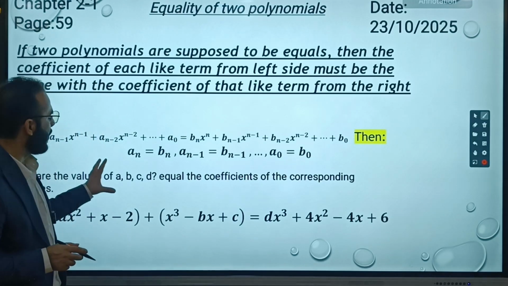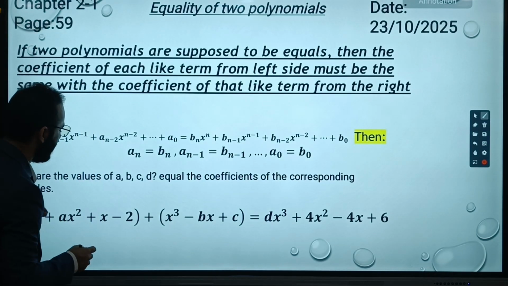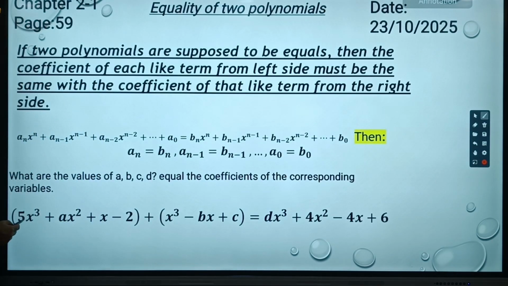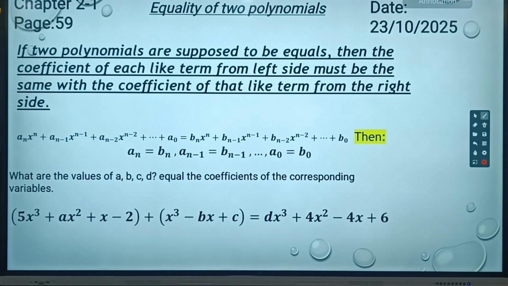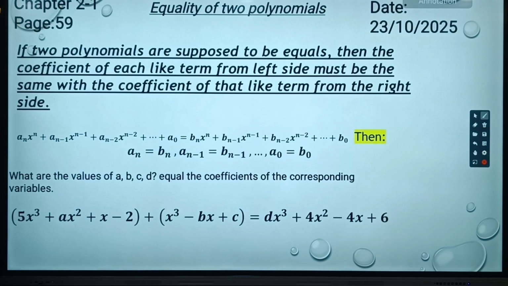We need to find the like terms from the left and right sides and see whether the coefficients are the same or not. We need to equalize them, because since there is an equal sign, we compare them and find the unknown letters that the question asks for, like A, B, C, and D.